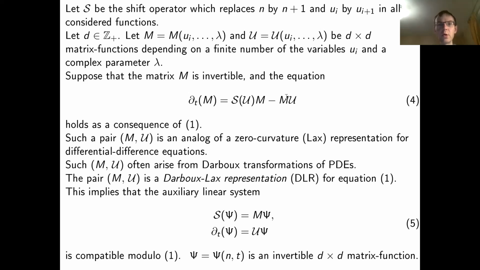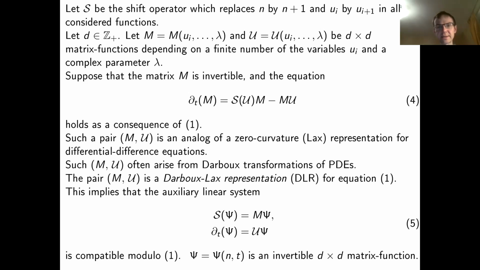This is, of course, a well-known equation. And such pairs M, U often arise from so-called Darboux transformations of PDEs. Because of this, it's natural to call them Darboux-Lax representations for the initial equation (1). And recall that classical zero curvature representations are compatibility conditions for some auxiliary linear systems.